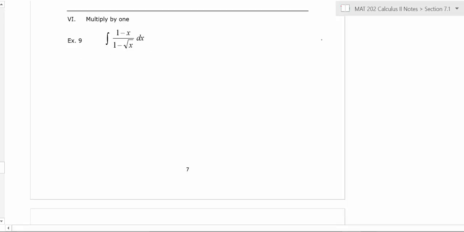So let's go ahead and just work with this at the side. We got 1 minus x over 1 minus square root of x, and the conjugate of the denominator, remember, is 1 plus square root of x. We're going to multiply top and bottom by that.